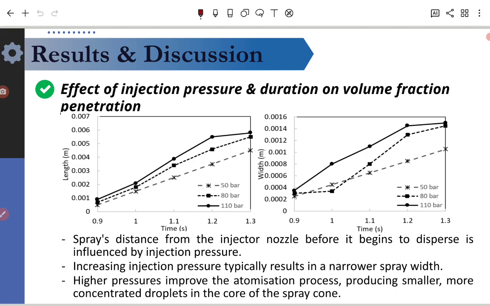From the figure, we can see that the spray distance from the injector nozzle before it begins to disperse is influenced by injection pressure. Increasing injection pressure typically results in a narrower spray width. Higher pressure improves the atomization process, producing smaller and more concentrated droplets in the core of the spray cone.